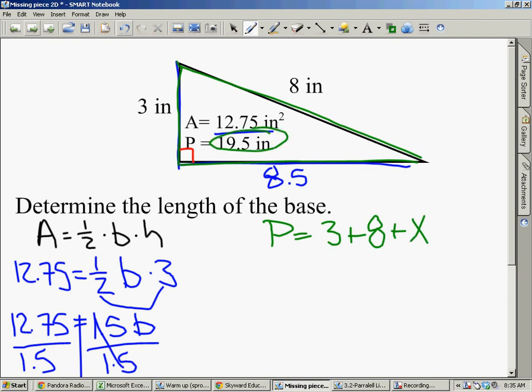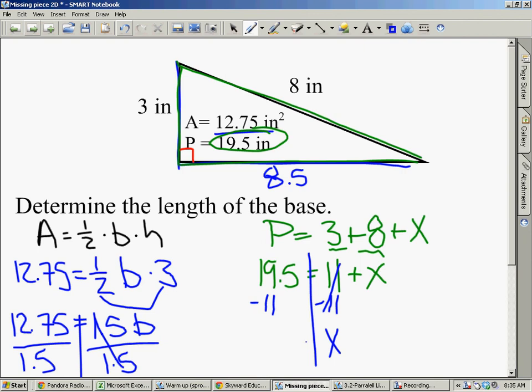Told me the perimeter right here is 19.5, so I'm going to plug that in. I'm going to combine these like terms right here to give me 11. And then I'm going to solve for x. I need to get the x by itself, so I need to get rid of that 11. So I'm going to minus it on both sides, and I get x equals 8.5, which was the same as the area, so it must be correct.